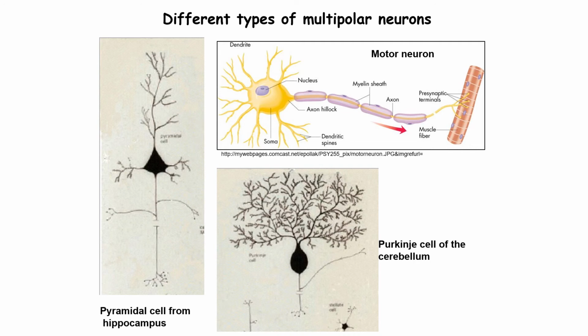This is another type of multipolar neuron, and it has a wavy, dense dendritic structure, almost like a tree. It is a very interesting type of cell that enables certain computations in the cerebellum, and you would be fascinated to read about how the Purkinje cell enables certain calculations in regions like the cerebellum, and what sort of behaviors they enable.